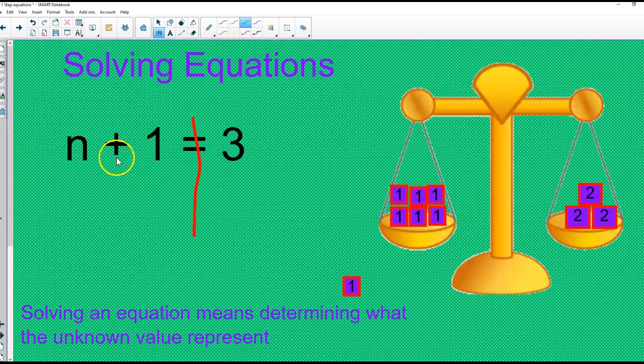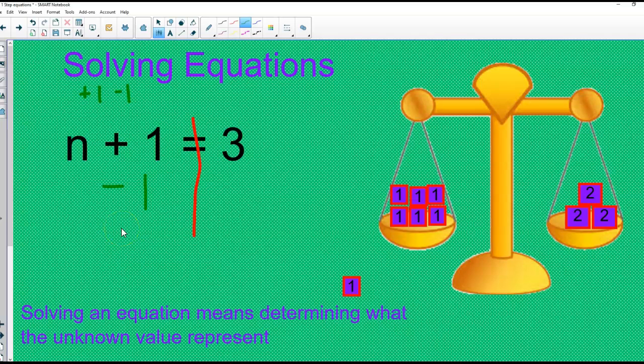So the opposite of adding 1 is to subtract 1. Right? That would get rid of it, because think of what this means. If you have plus 1 and now you're getting rid of 1, this is now a 0. So in reality, this is gone.